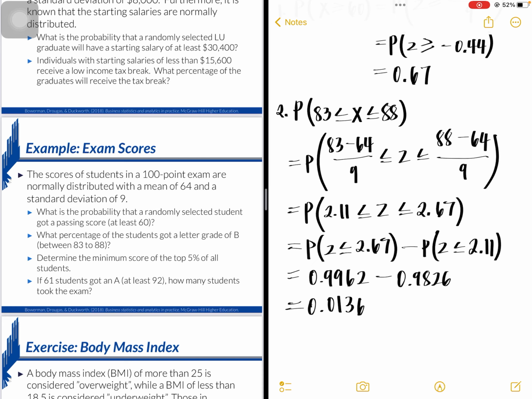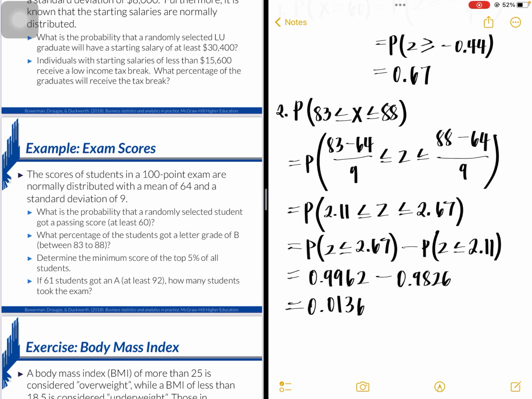Now, again, aside from this, we can also use the stat function in the calculator. So essentially, we will do the same thing. First, get the area to the left of 2.67. So use the p function to get the area to the left of 2.67, and then subtract that with the probability using the p function again for the next z-score, which is 2.11.